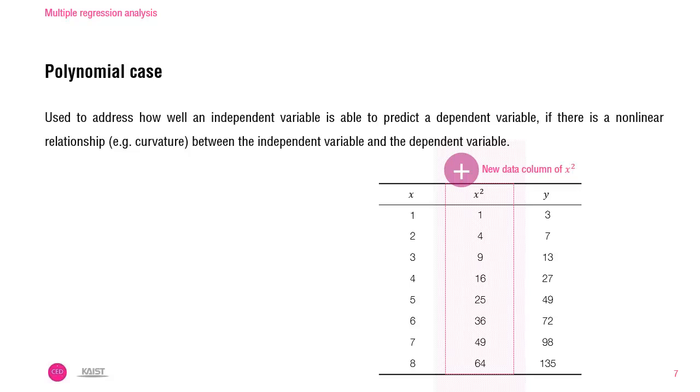Once you have x and x squared, they are treated as two independent variables. So the multiple regression analysis is suitable because you have more than one independent variable, and the multiple regression analysis takes these two independent variables and calculates the coefficients for each of them.